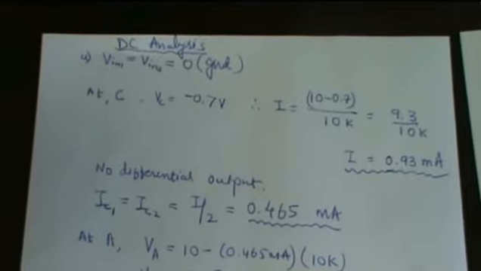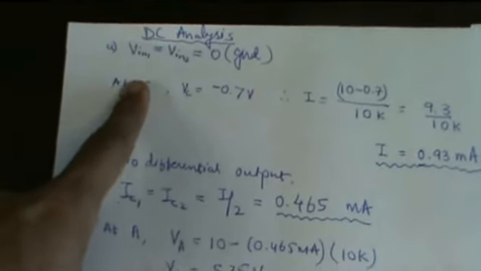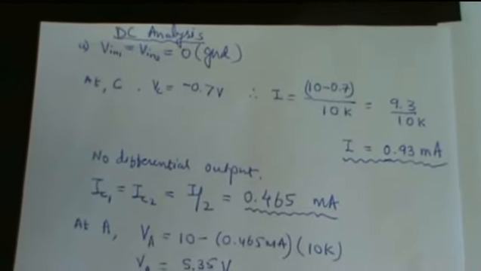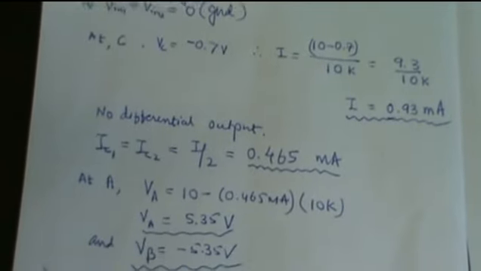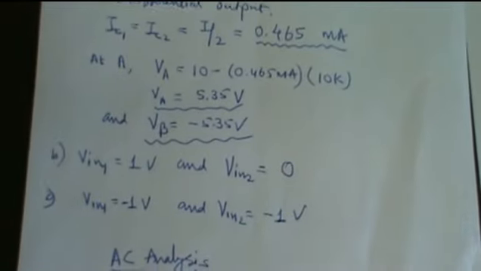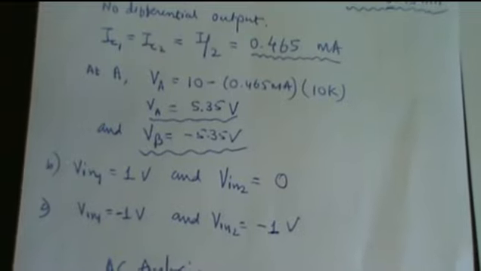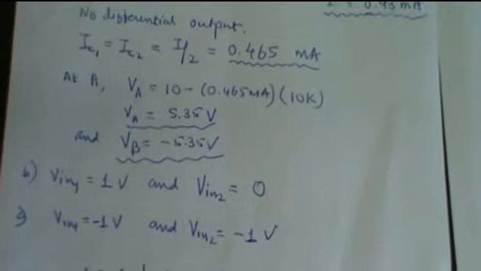Calculate all the theoretical values for 3 different cases. Case number 1, when both inputs are 0, meaning connected to the ground. Find out terminal voltage C, emitter currents and collector currents, node voltages A and B as well as C. In case 2, connect input number 1 to plus 1 volt and input number 2 equal to 0, meaning ground.